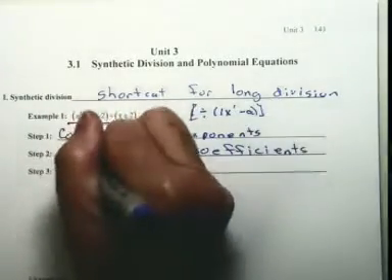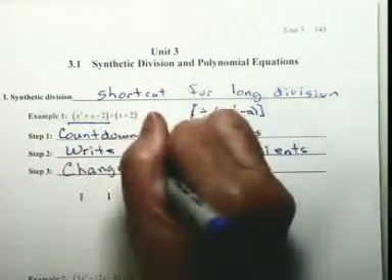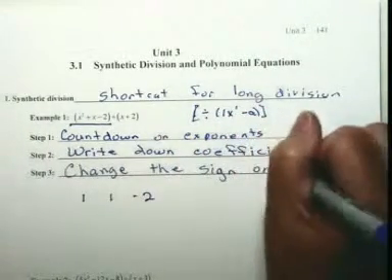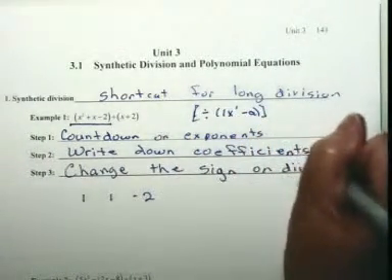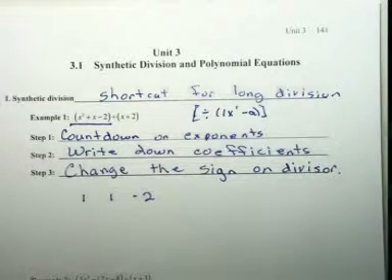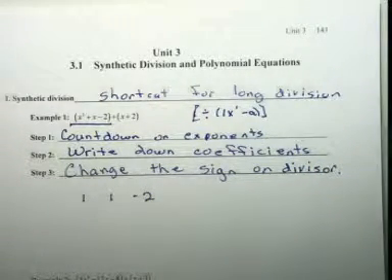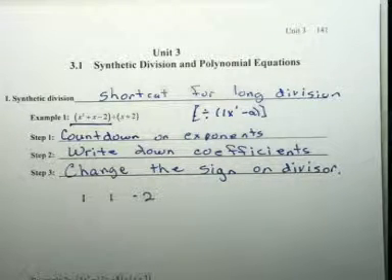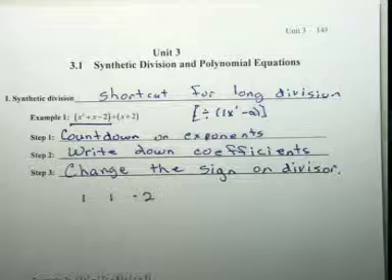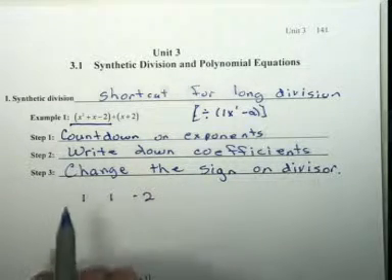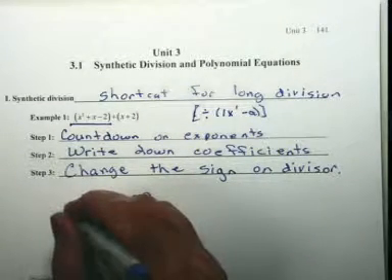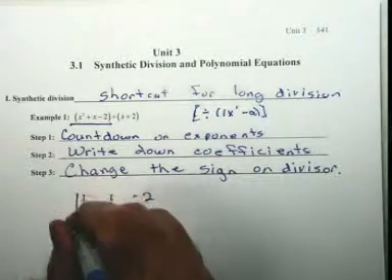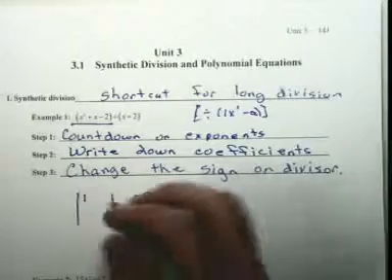And then we are going to change the sign on the divisor, the number we're dividing by. To show synthetic division, we're not going to do a regular division setup at the top. We're going to draw a box below, but skip a line here.